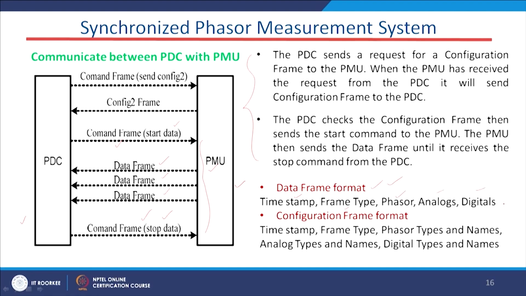This information should be present together, and that particular data is sent to the PDC level. Sometimes we also have time stamp, frame type, phasor types and names, analog types and names, and digital types and names. These are basically the data frame format. In this format the PMU sends the data to the PDC level.